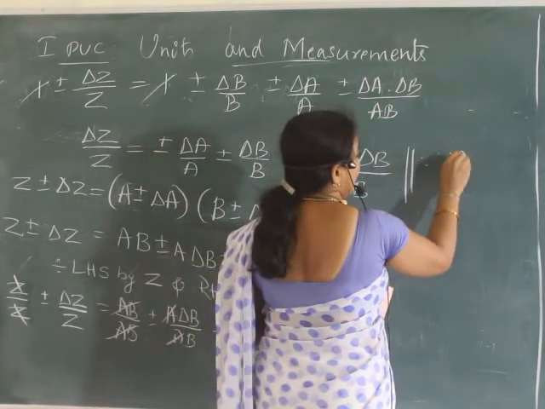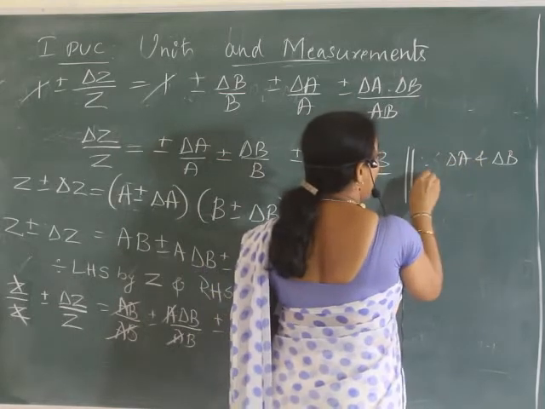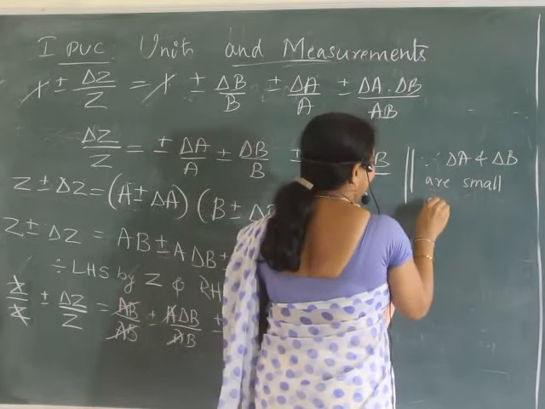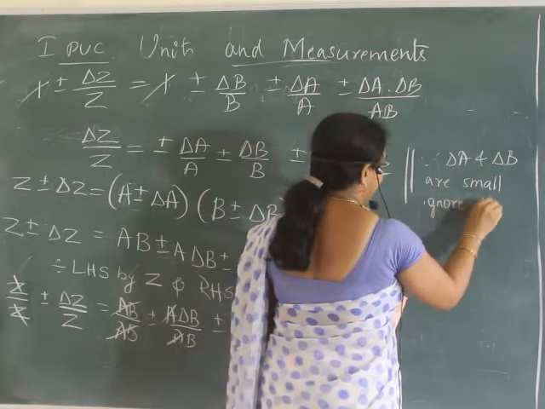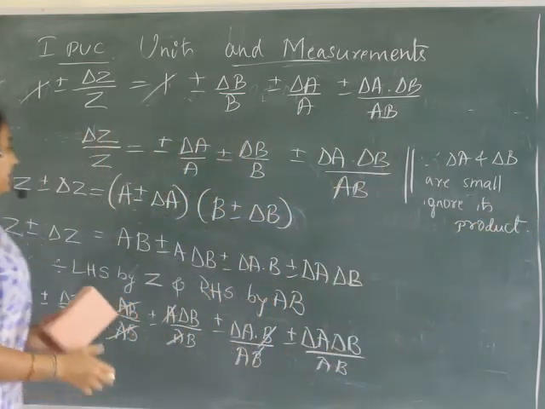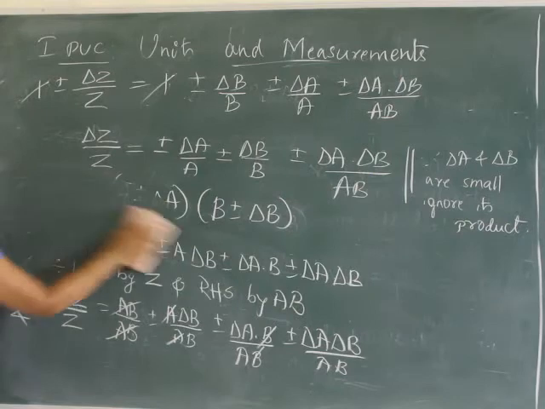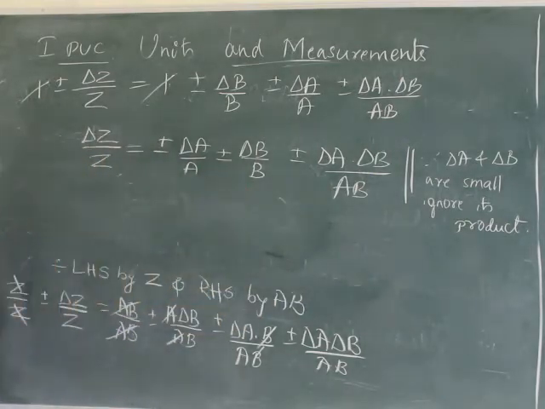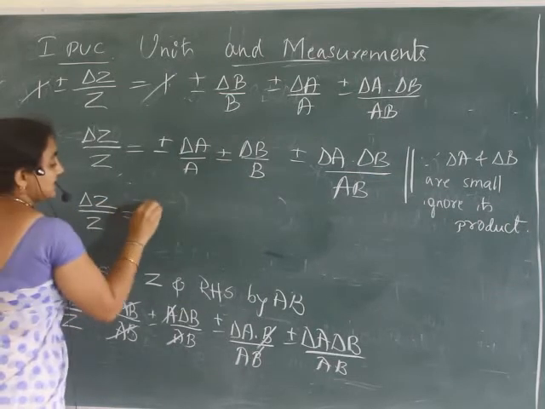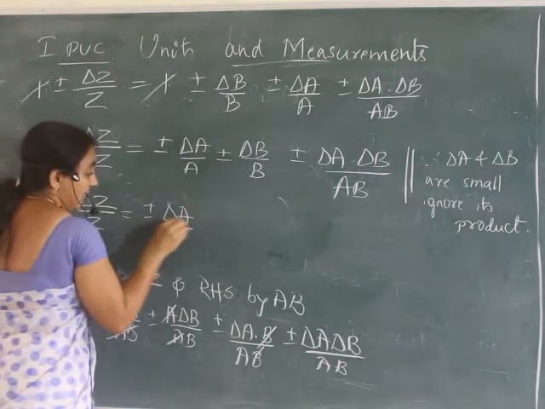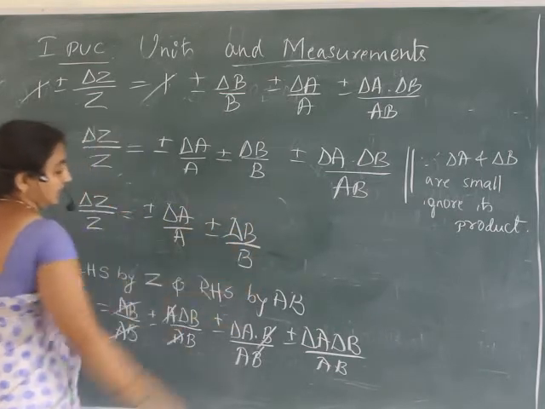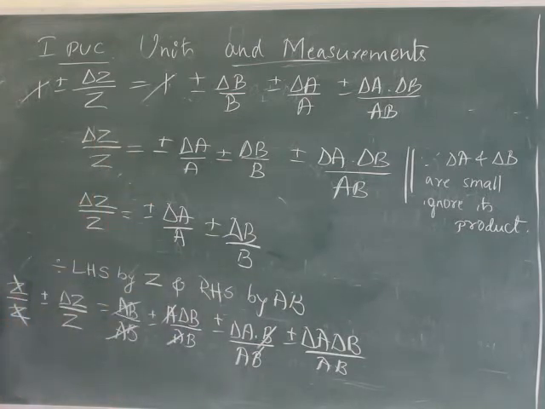Since delta A and delta B are small, ignore or neglect their product. If we neglect the product, what is the final remaining solution? Delta Z by Z equals plus or minus delta A by A plus or minus delta B by B. That term is not there, we have ignored it.